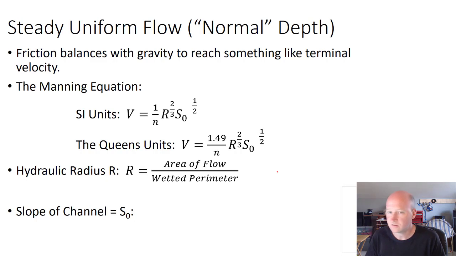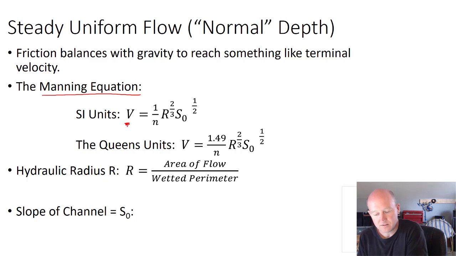There's a slope to the channel, and so basically if the water is moving too slow, it will accelerate until friction matches the amount of energy that it's gaining, sort of like a roller coaster or someone jumping out of a plane. They reach something like terminal velocity.